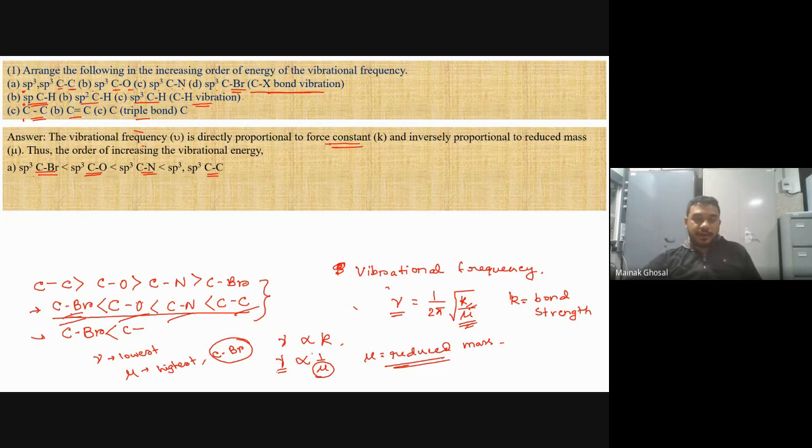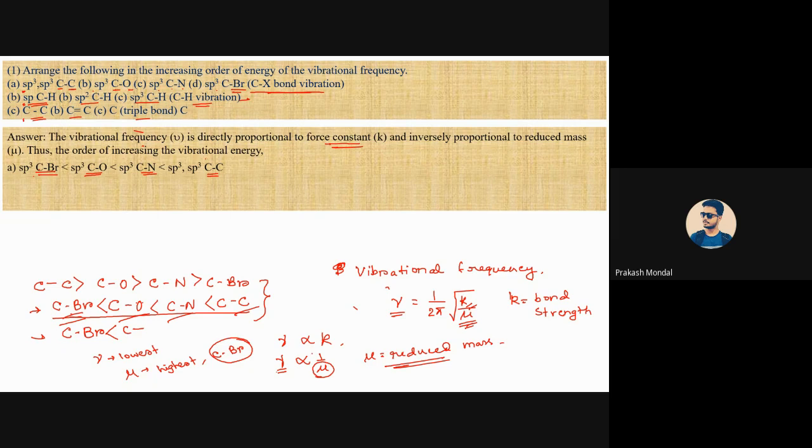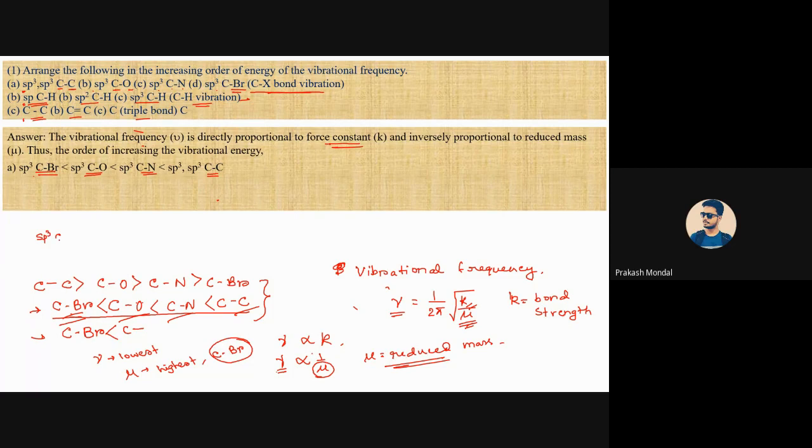Now about the second one, which one will be the second one? Sir, sp3 CH would be the least, then sp2 CH, then sp CH. Why?